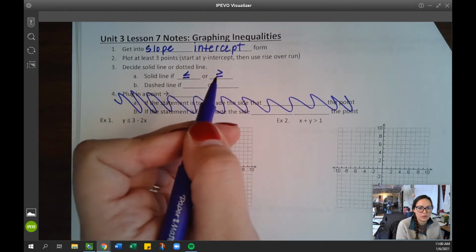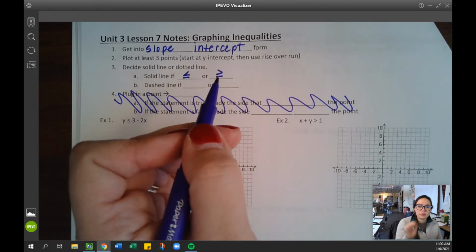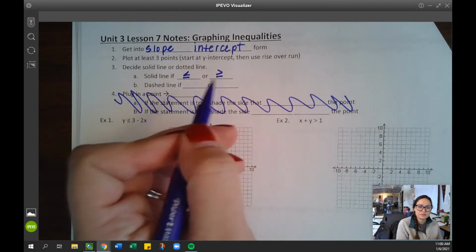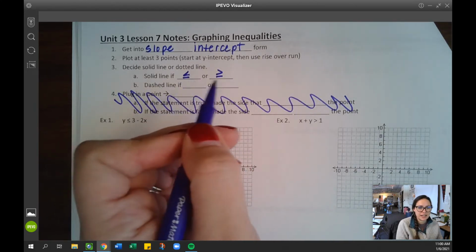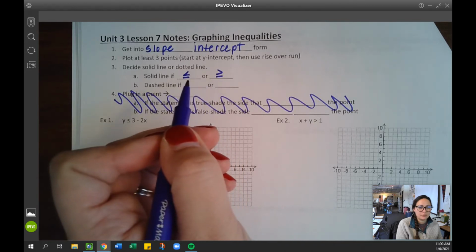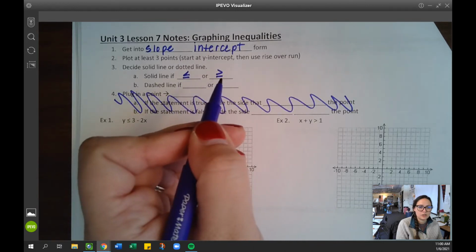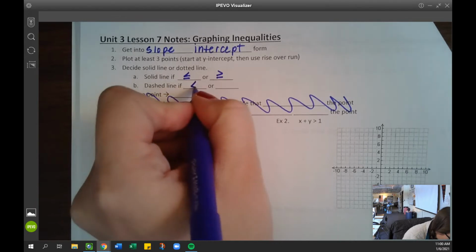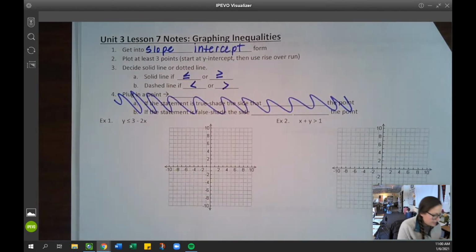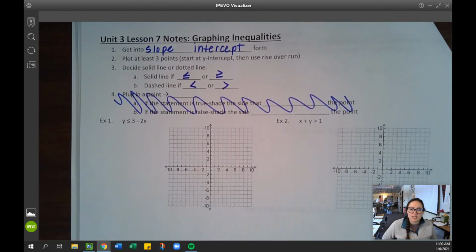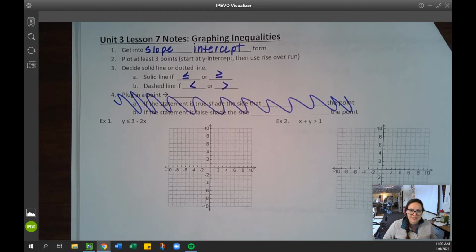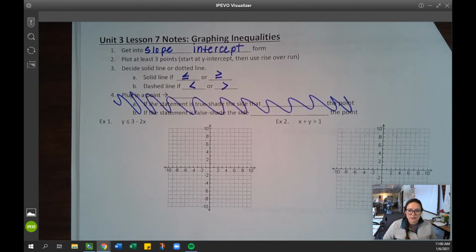Just like how if we do inequalities on a number line, we put a closed circle. You're going to have a solid line if it's the or equal to. We're going to have a dashed line if we don't have the or equal to in our symbol. So either less than or greater than.